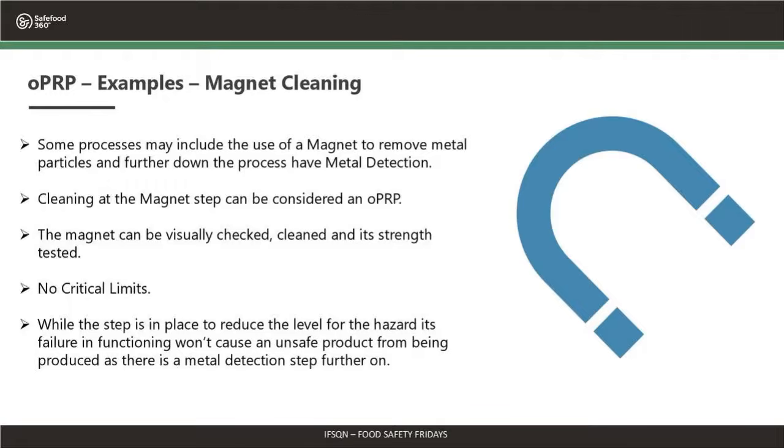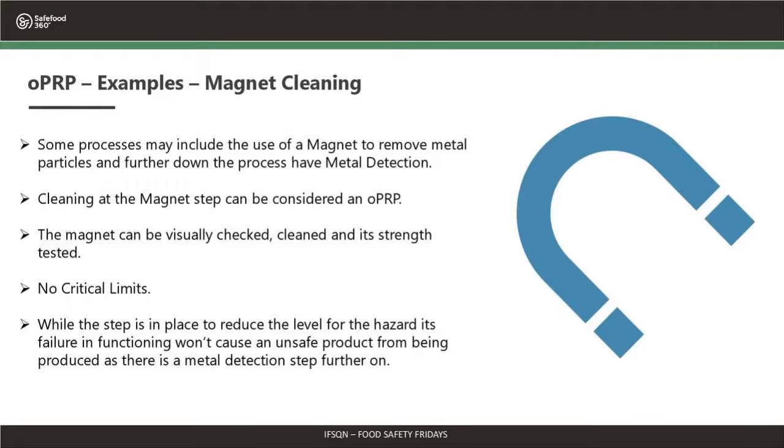And while the magnet step is in place to reduce the level of the hazard, its failure in functioning won't cause an unsafe product to be produced, because in our example here, metal detection is taking place further on.